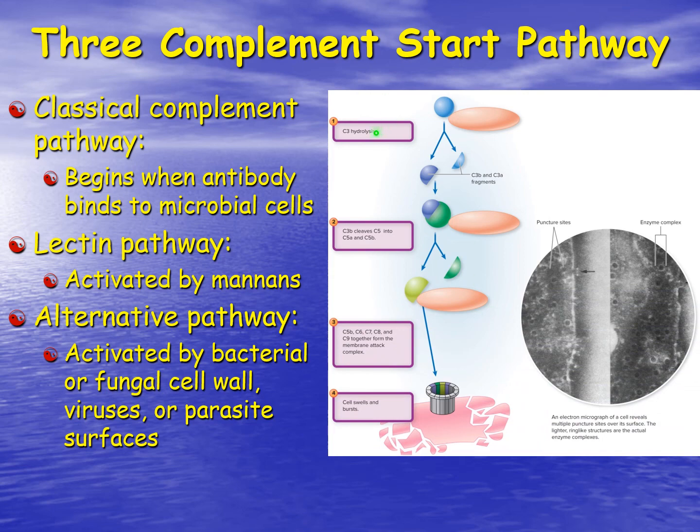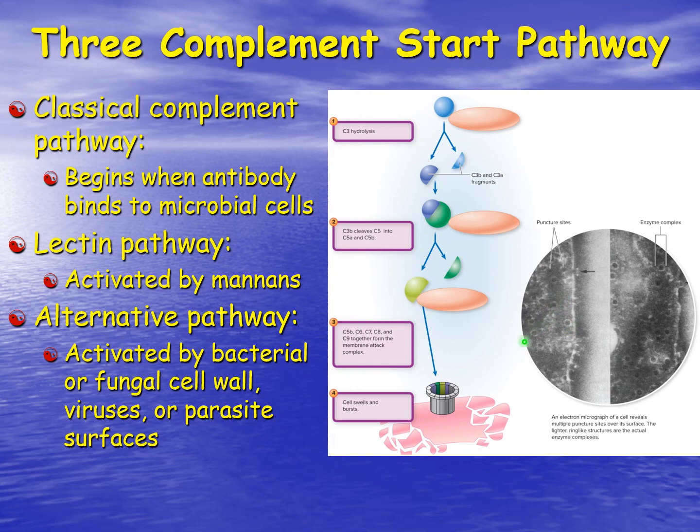So we get down to a common pathway, and this is complement 3, which is cleaved into its active forms, and then in turn will activate a number of other factors, some of which will interact directly with cells, such as those that will form what we call the membrane attack complex that punches holes in membranes.